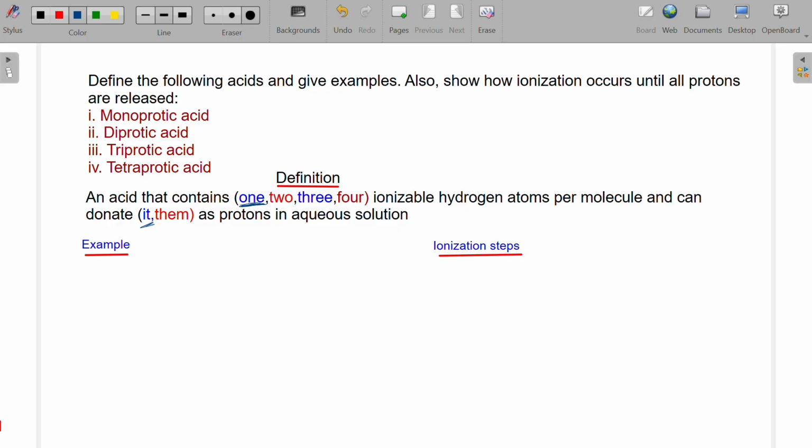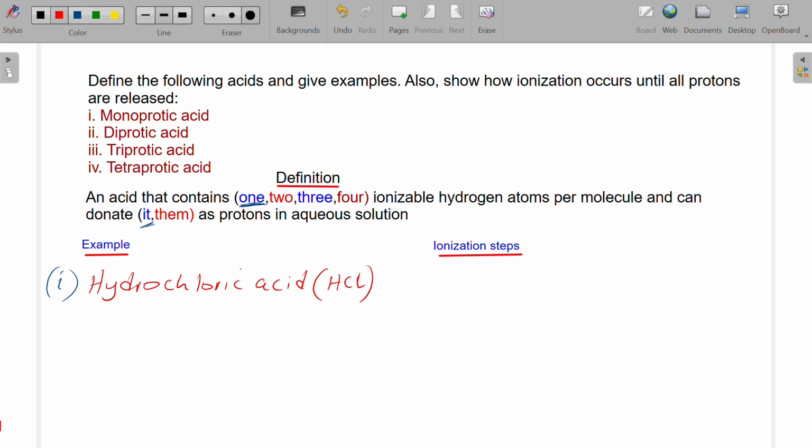Well, so we are done with the definition. Let's give examples. What examples can we give for monoprotic acid? I'll give you two examples. The first one is hydrochloric acid. In the first example, it has a chemical formula that looks like this, HCl.